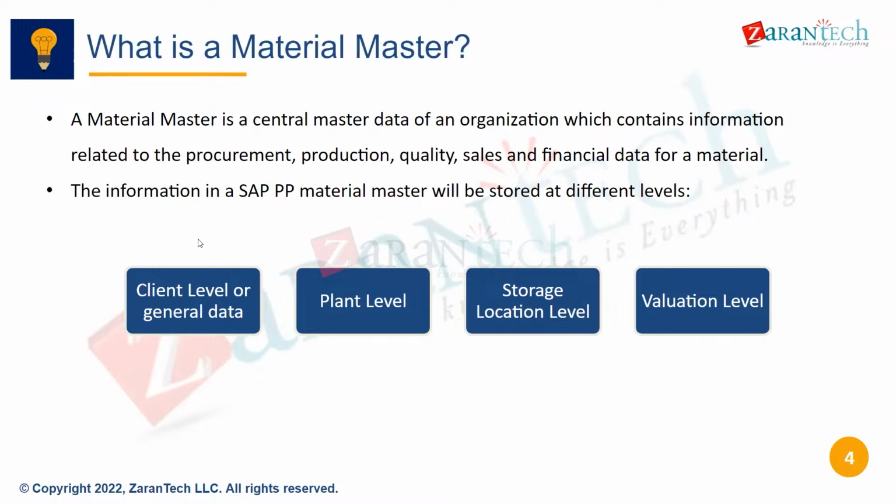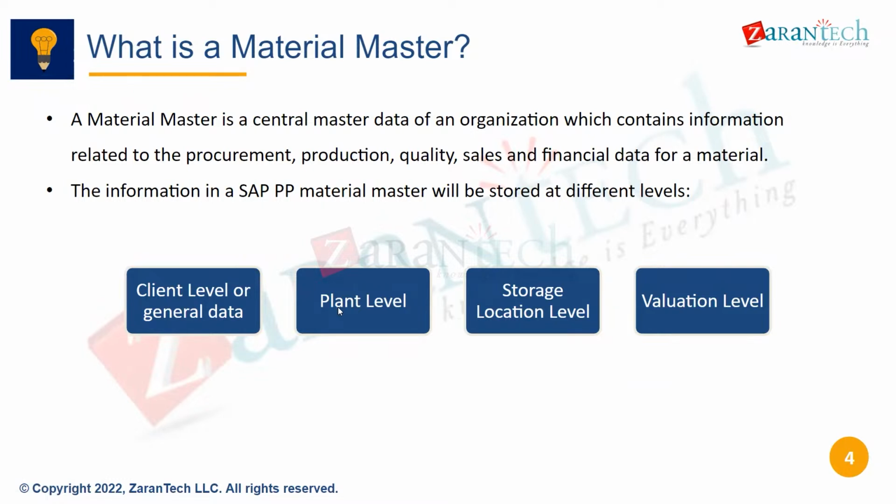When we say client level, the data retention level is at the client level, which means whatever data is in the basic data view is applicable for the material across the complete client, irrespective of the plant it is used in. Data at the plant level is relevant only for that plant.